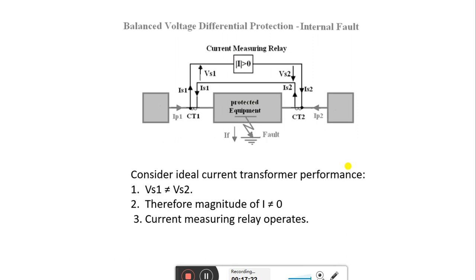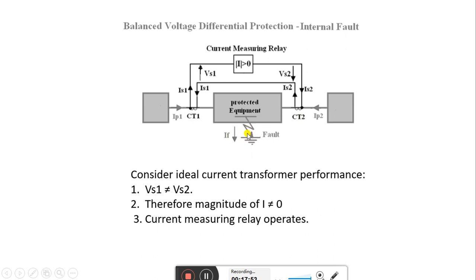Now let us see the same voltage balance differential protection scheme if the fault is internal. Again we will consider that both CTs are ideal CTs, that is their number of turns are equal and the inductance and resistance of both current transformers are equal, and the fault is internal.